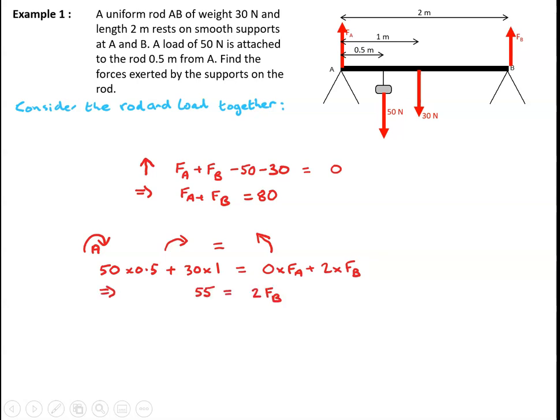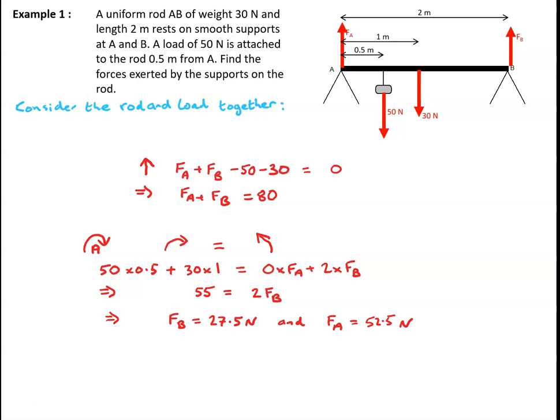That gives 55 equals 2 times FB, so FB must be 27.5 newtons. So FA must be 80 minus the value of FB from my first equation, so FA is 52.5 newtons.